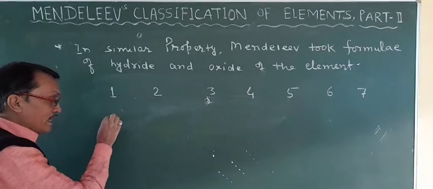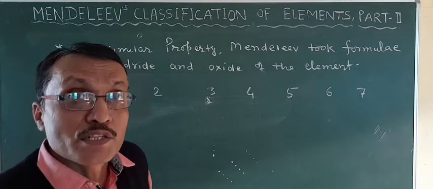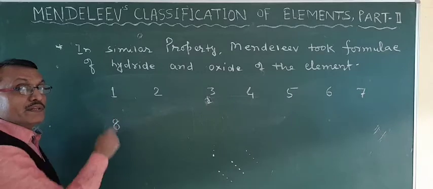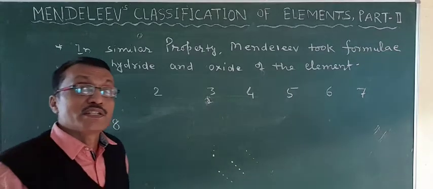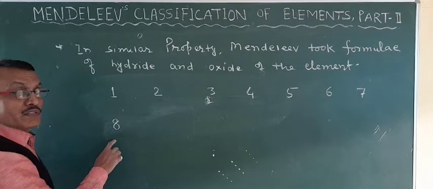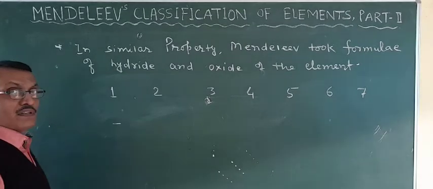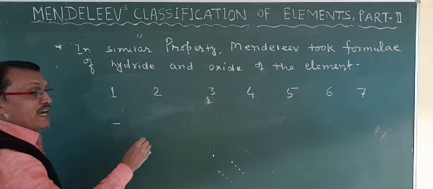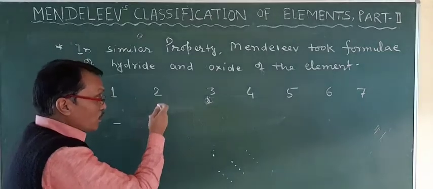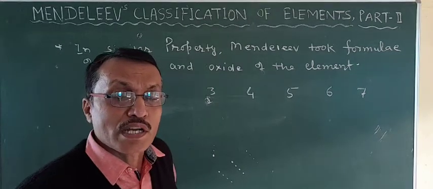If the formula of hydride and oxide of element 8 is not similar to the formula of hydride and oxide of element 1, he did not place the element just below 1, and here what he did, he left a gap, and then element 8 he placed below those elements to which the formula of its hydride and oxide belong.